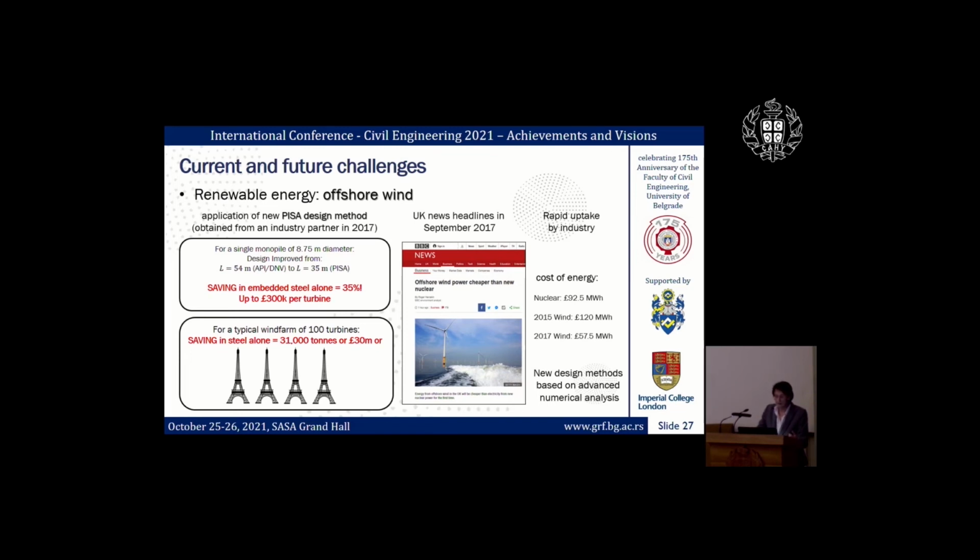And in 2017, that was big news, headline news on BBC. And not only that, the cost of wind energy sort of halved in a couple of years from what it was in 2015, but also became much lower than the cost of the new nuclear energy produced.